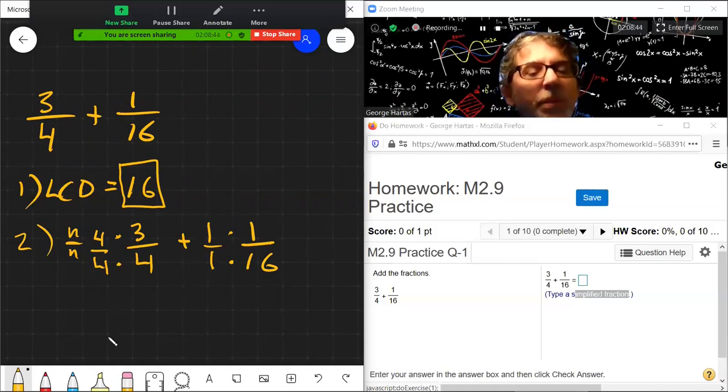All right, so let's multiply this out. We have 4 times 3 is 12. We know the denominator is 16 without even thinking about it. 1 times 1 is 1. 1 times 16 is 16. So we manipulated this fraction.